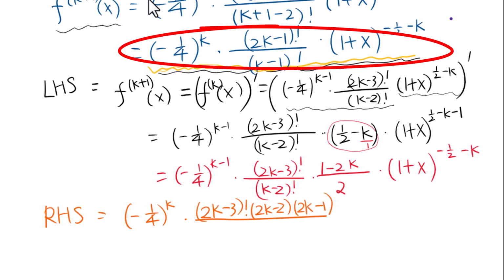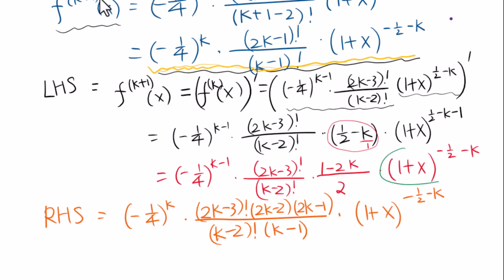For k minus 1 factorial, I can change it into k minus 2 factorial times k minus 1. Then times (1 plus x) to the negative 1/2 minus k power. We get these two are equal to each other. We need to change this into this.